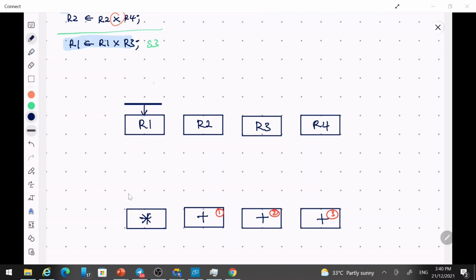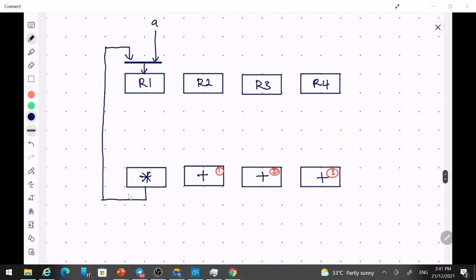So the first input is from the outside, which is A, the input. The next one is from the multiplier. The output from the multiplier is from this, so it will be here, and another one is from adder number 1. So I can have something like this.